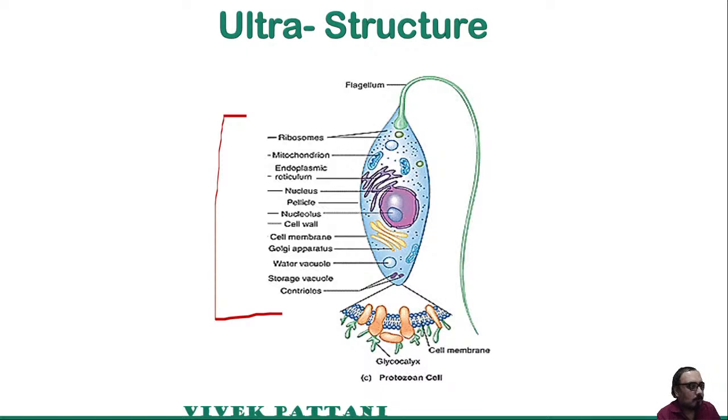Protozoans, as we discussed in the last lecture, are basically single-celled eukaryotes. The basic body organization seen in the figure consists of the external plasma membrane, which encloses the cytoplasm and nucleus.